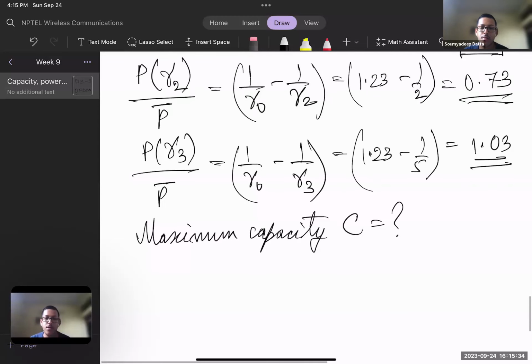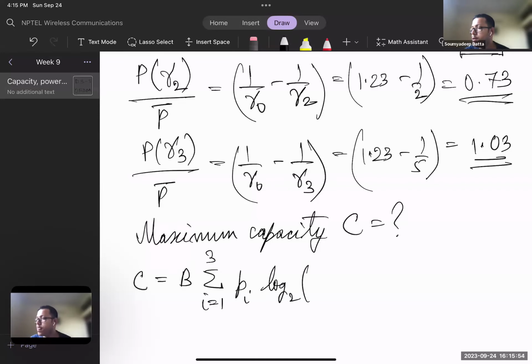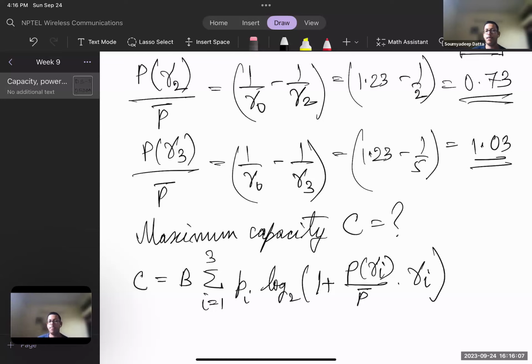So for capacity, C is equal to B times, it is ergodic capacity because you have 3 channel states. For each channel state, the probability of that channel state Pi times log of 1 plus the normalized power allocation times SNR, P of gamma I by P bar.